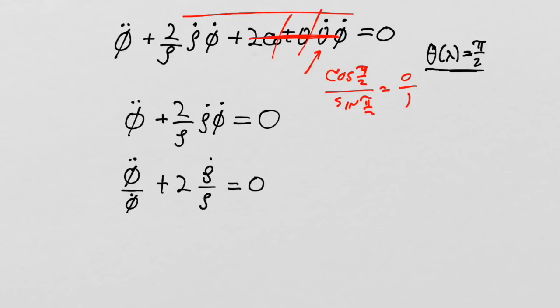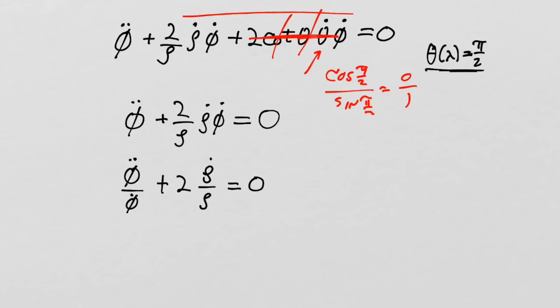And what's nice about this is we can exploit the idea of the logarithmic derivative. In a logarithmic derivative, we have the derivative of something over the something. So that is what a logarithmic derivative actually is.